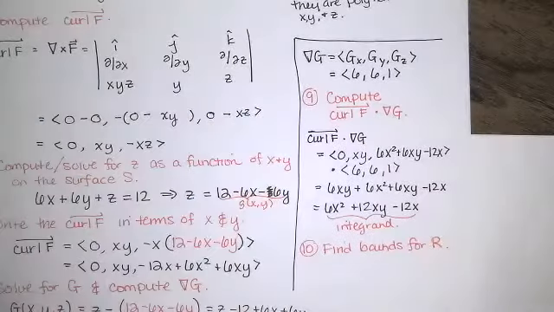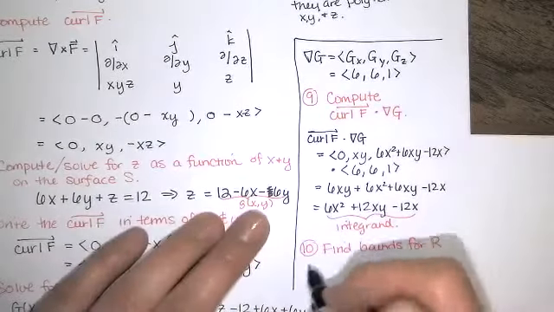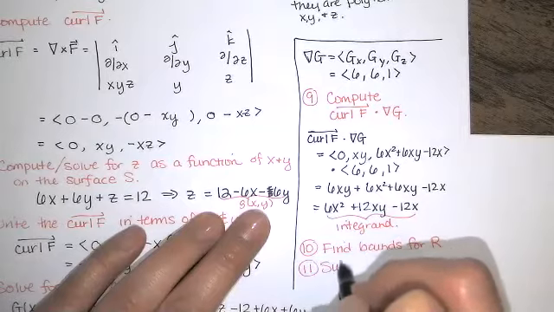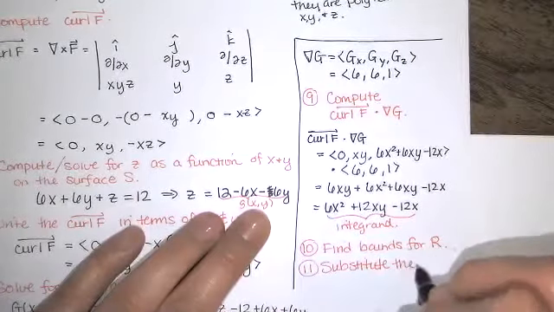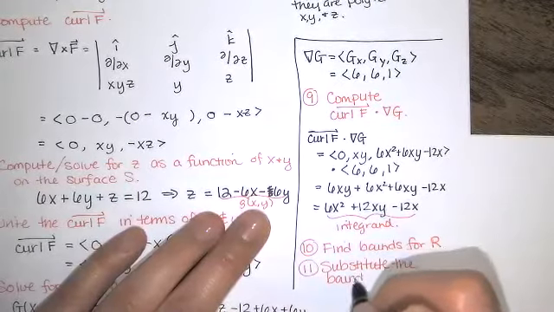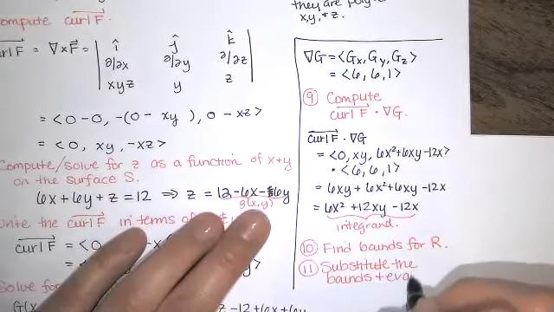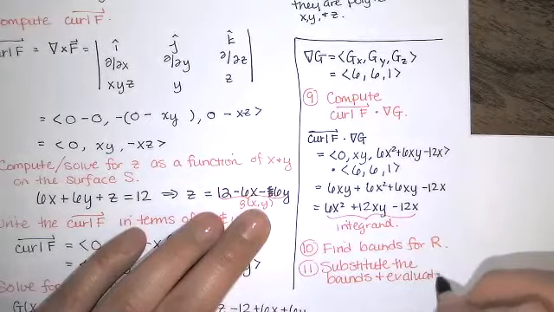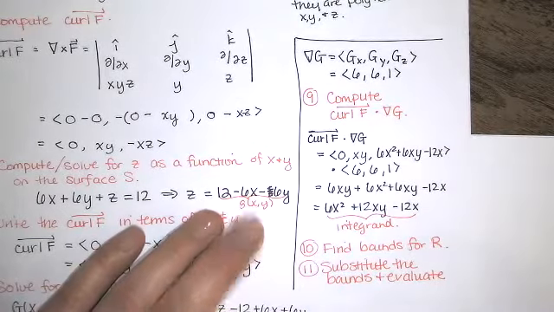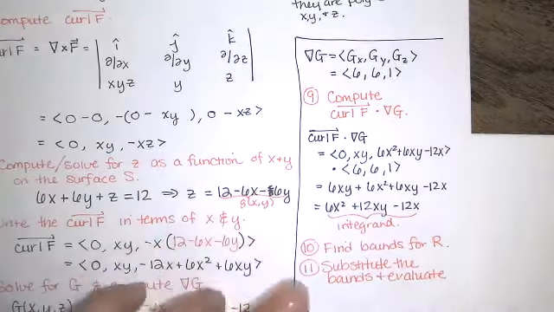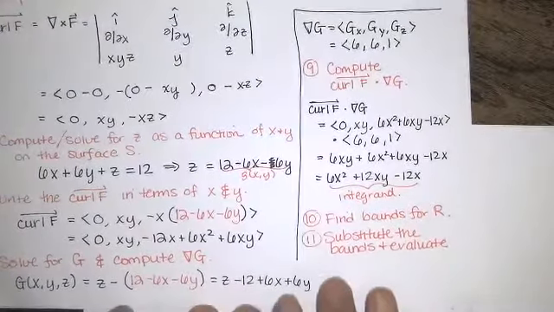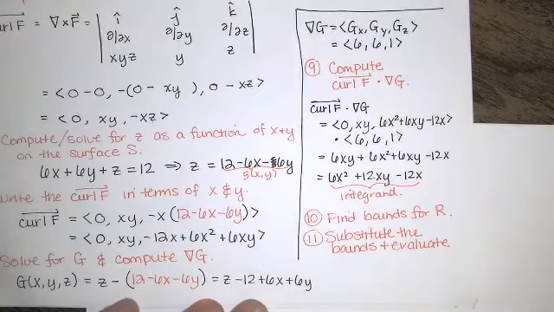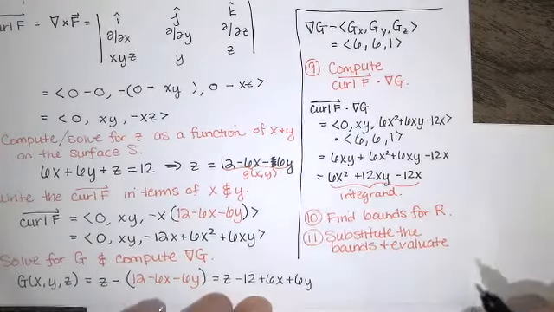Then we just substitute our bounds and evaluate the integral. I don't know why people are intimidated by these theorems. It's a lot like u substitution. We're just substituting, doing a lot of algebra. It is tough though, because you have to remember all these operations from earlier in the course.